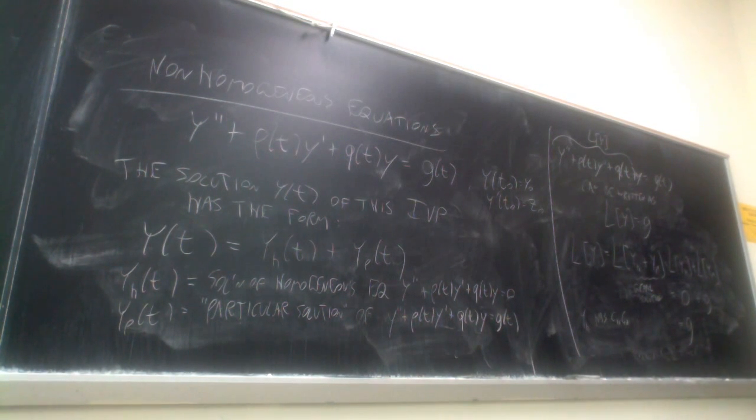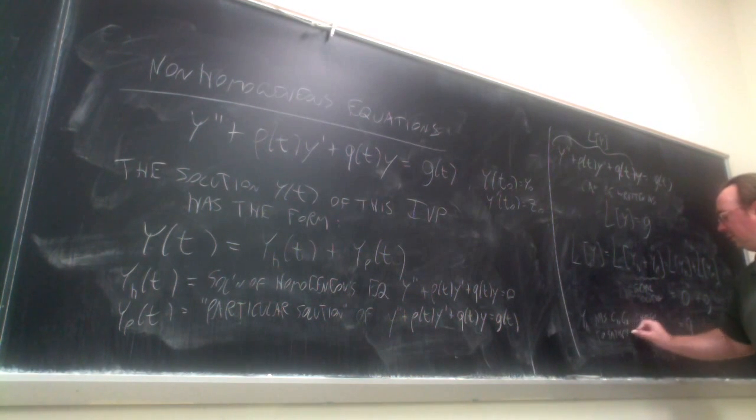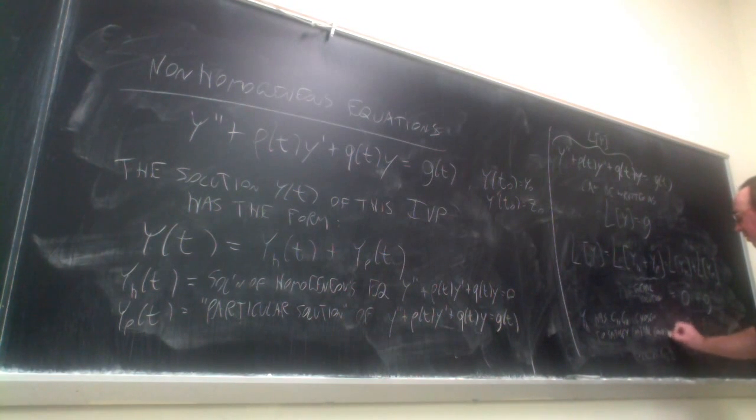It's going to be one of the forms that you had before when p and q are constant. And these had to be chosen as before to satisfy the initial conditions.